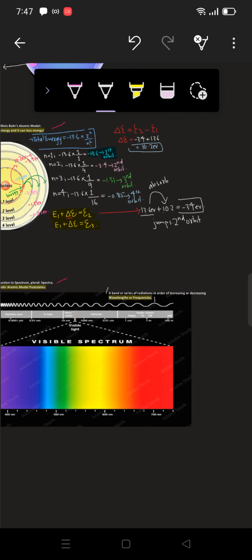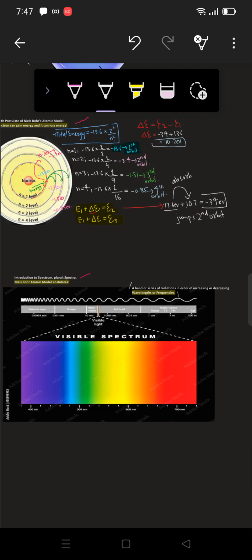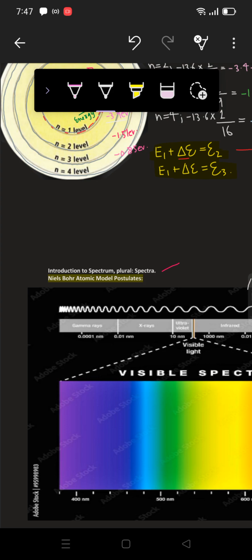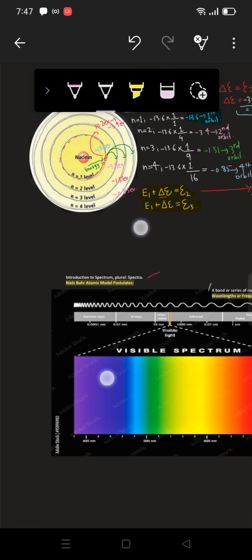So now let me tell you what the sources of spectrum are and how we're going to get the spectrum. Spectrum is the singular, however the plural of spectrum is spectra, and the sources of spectrum can be an electric spark, the sun, or a burning flame as well.